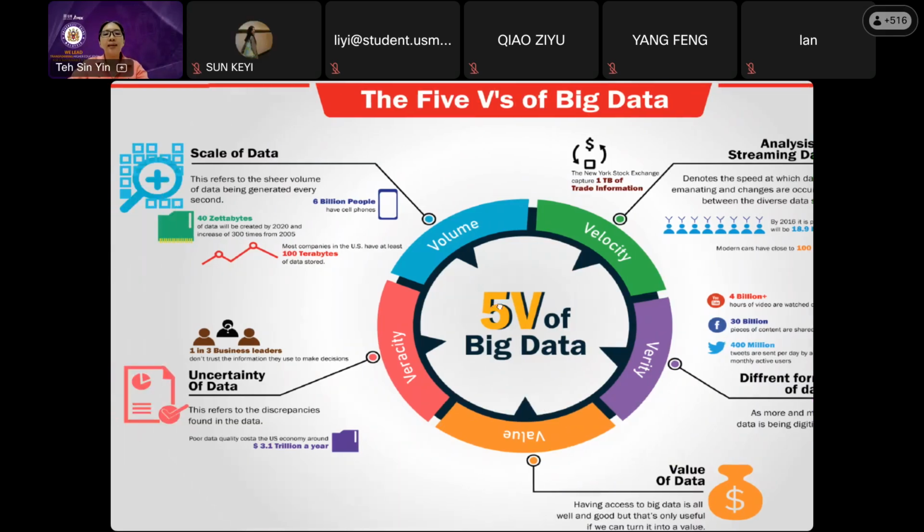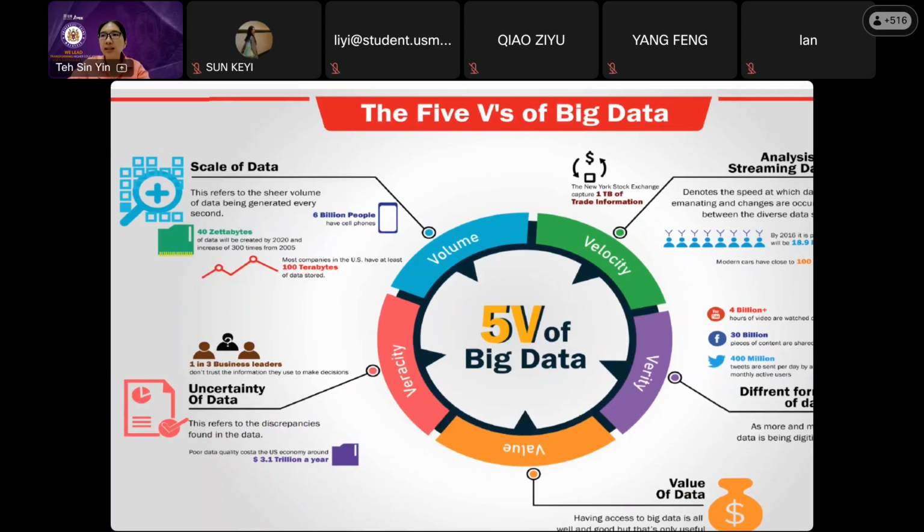And number 5, the last V is veracity. Veracity means the uncertainty of the data or the accuracy of the data. Nowadays, there is too much information shared on the internet. How reliable is the data? How accurate is the data?